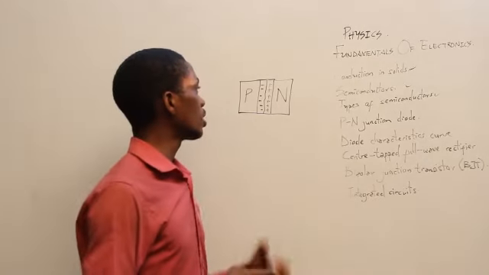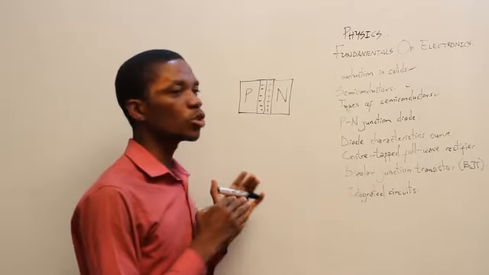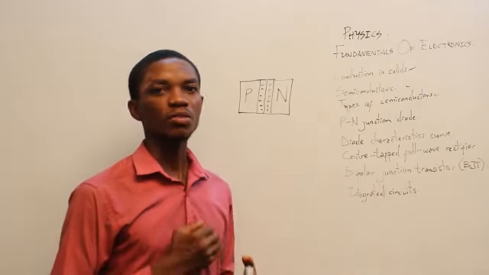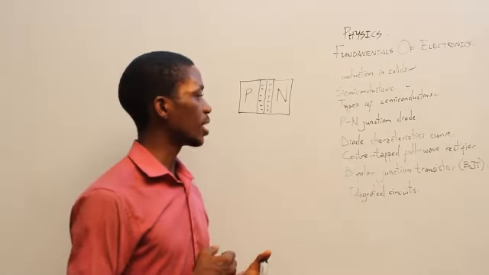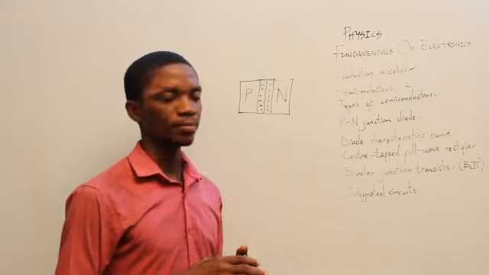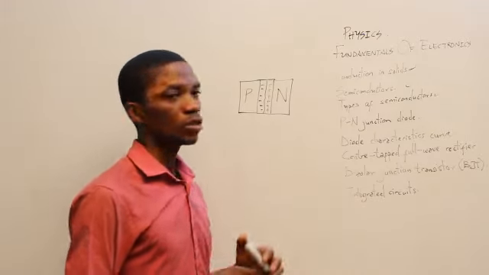As such, electricity is going to pass through it, but very, very limited and in a controlled manner. That's what happens in the PN junction.